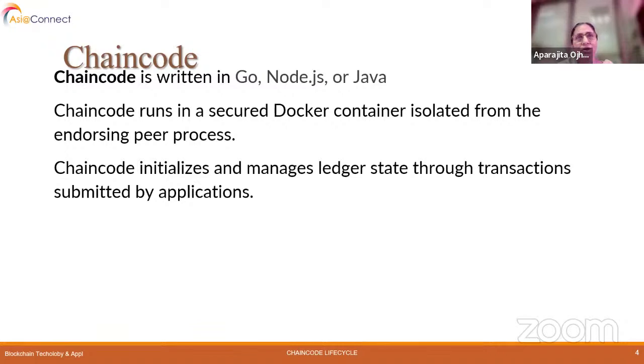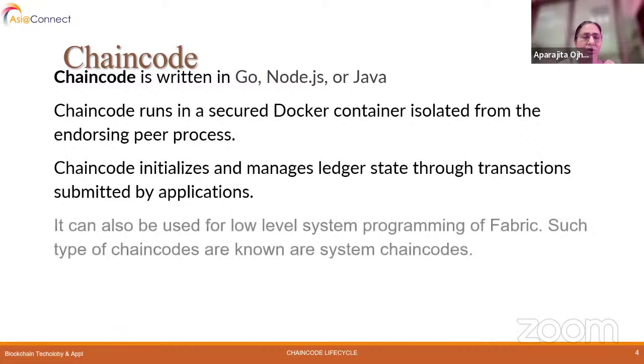Once that smart contract is invoked, how the endorsement policy is to be checked, and whether the transaction proposal has the right kind of signatures, all these things will be maintained and verified through some logic written in a smart contract. So chain code initializes and manages all the ledger states through the transactions that are completed through the smart contracts.